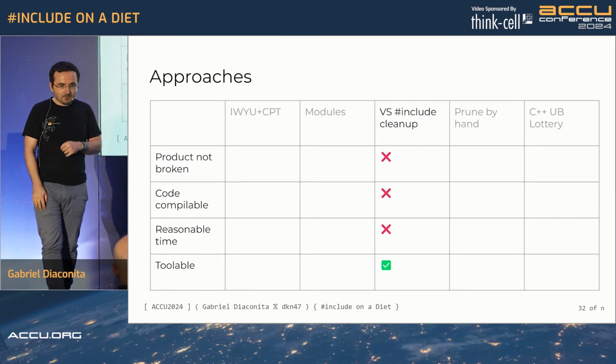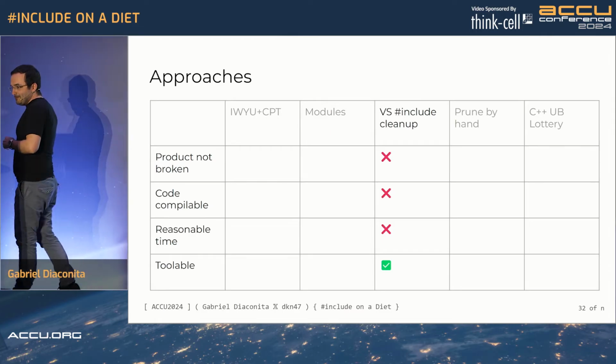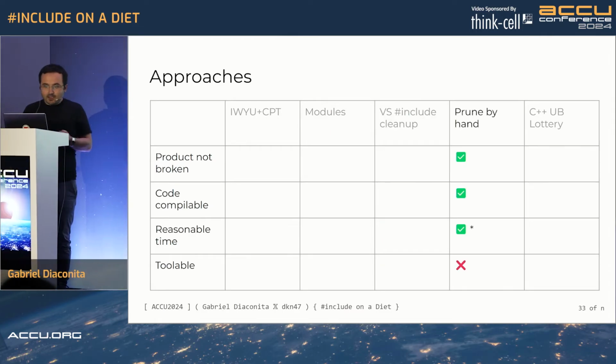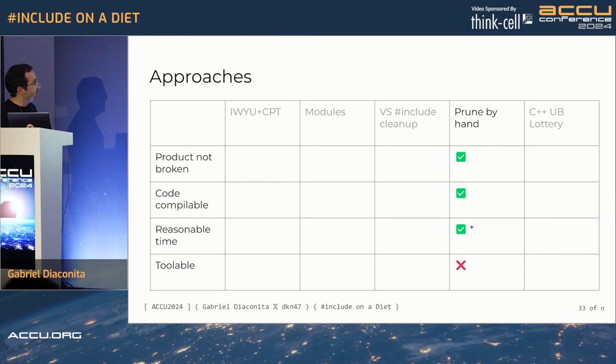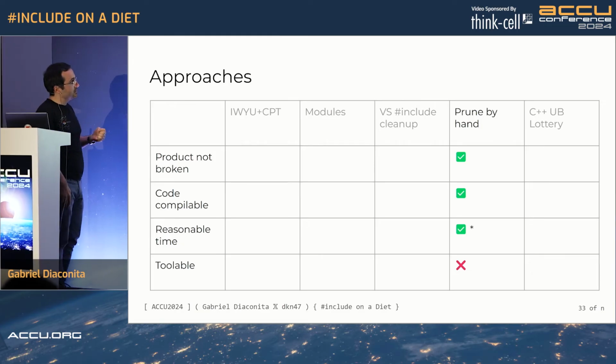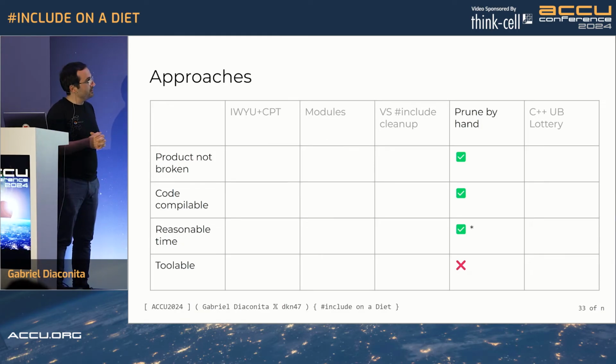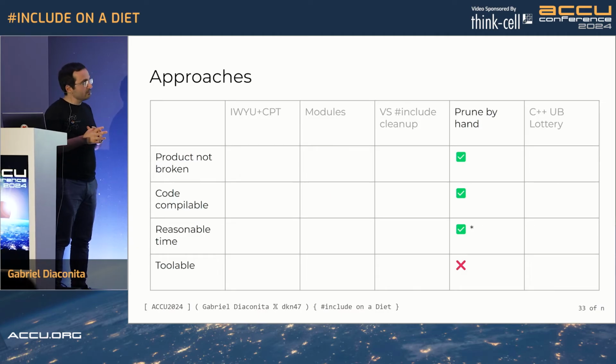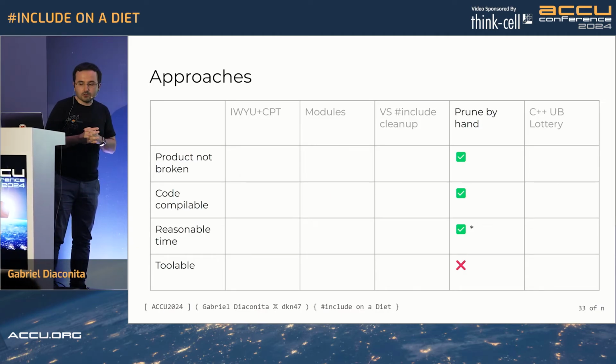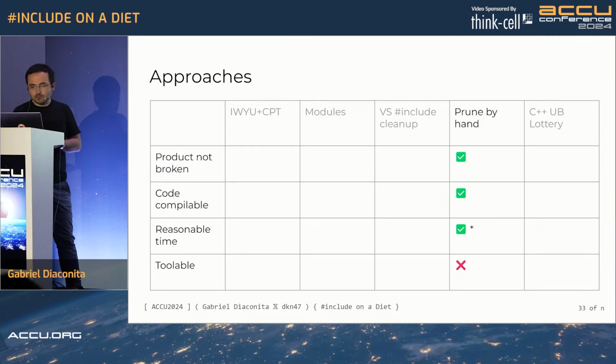So I kind of checked that to be green before Victor told me. Prune by hand, on the other hand, doesn't break our product because we compile it, and maybe it breaks our product. We have to test to be sure that our product stays fully functional, but we can manage that. We will see how.